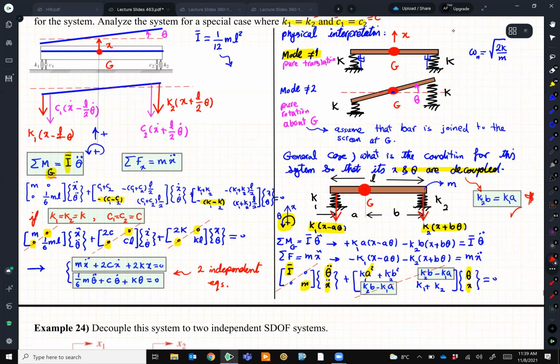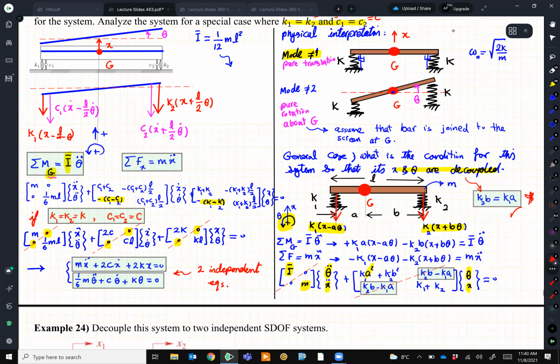So physically, what does it mean? It means if I move this bar, this mass, up without any rotation and release it, it's just going to go up and down forever with no rotation. Now, if I just rotate it without moving the center of gravity up and down, and release it, it's just going to swing, rotate with no moving up and down.